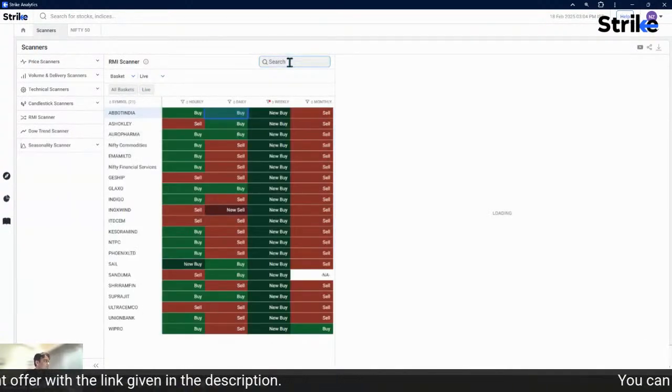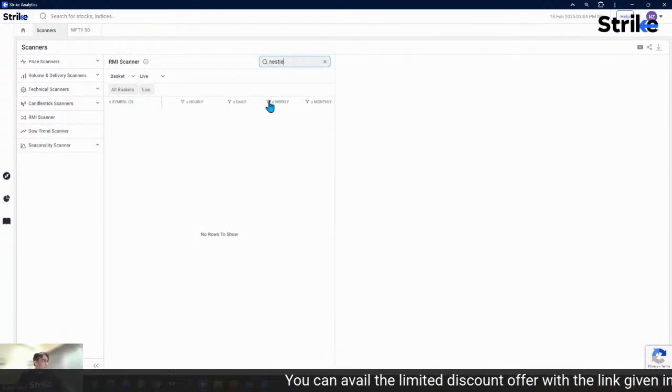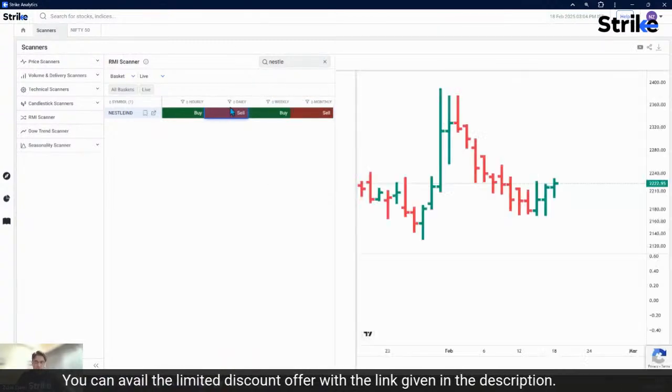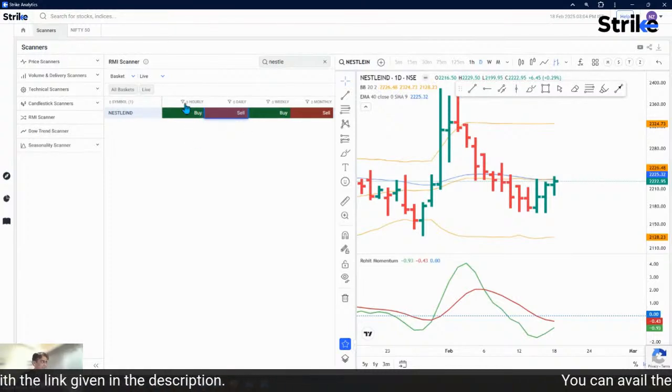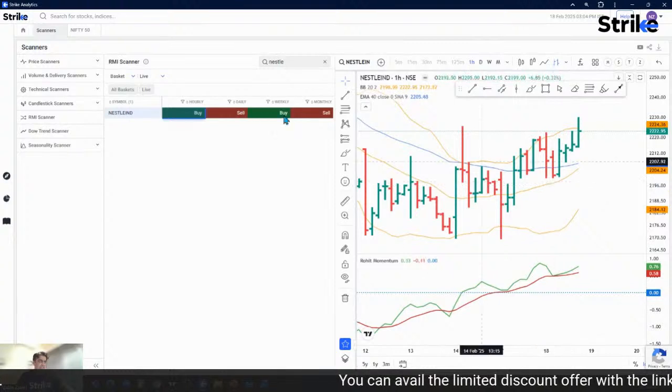So Nestle over here. Make sure you clear all the filters before you search for one particular stock. Okay, so see, on the hourly, RMI is in a buy mode.